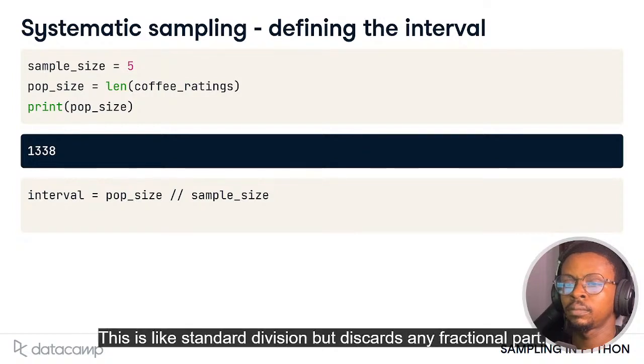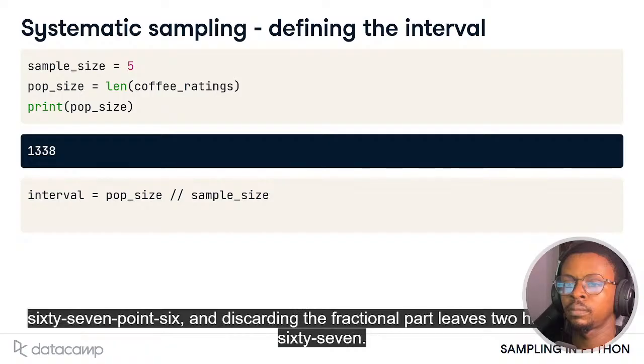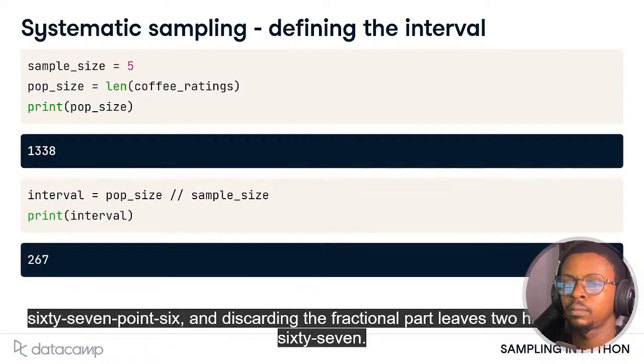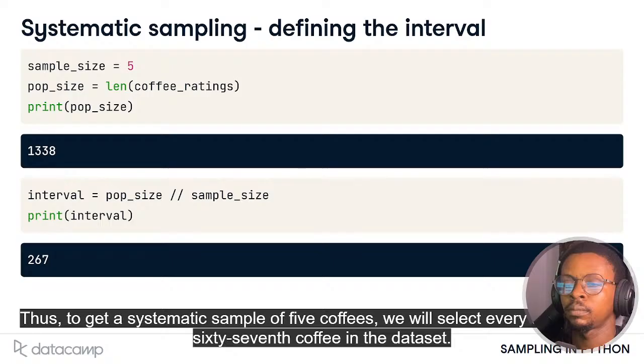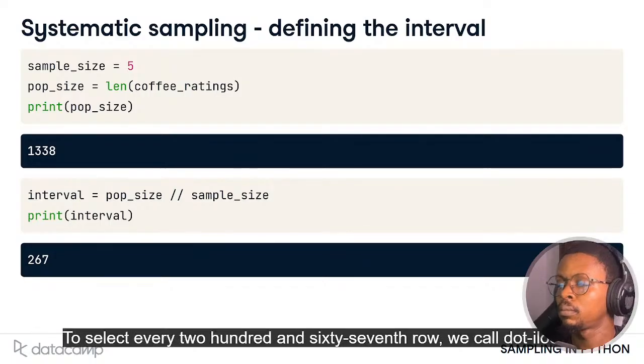This is like standard division, but discards any fractional part. 1338 divided by 5 is actually 267.6, and discarding the fractional part leaves 267. Thus, to get a systematic sample of 5 coffees, we will select every 267th coffee in the dataset.